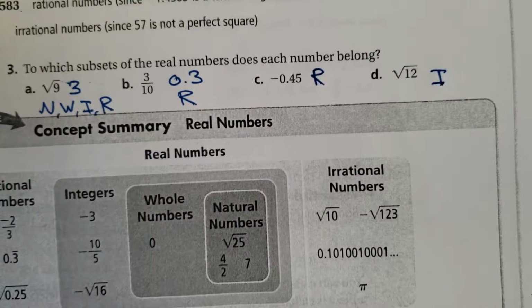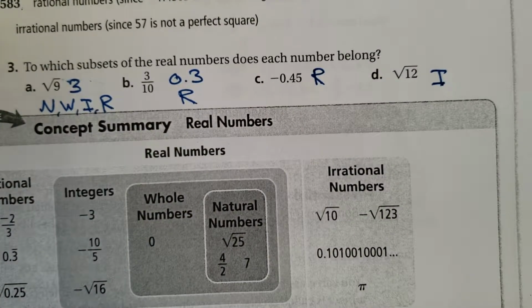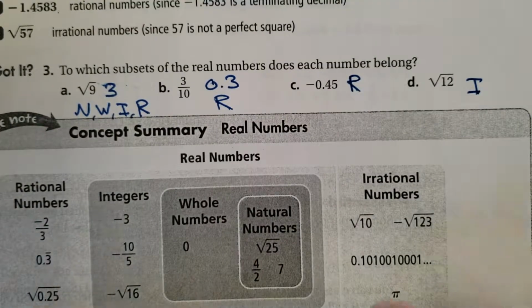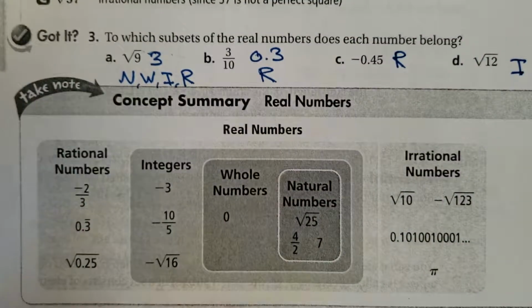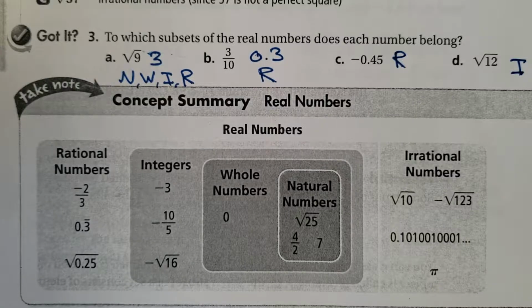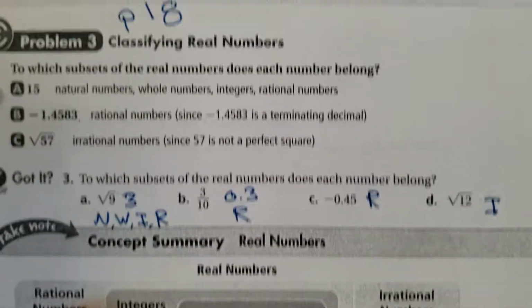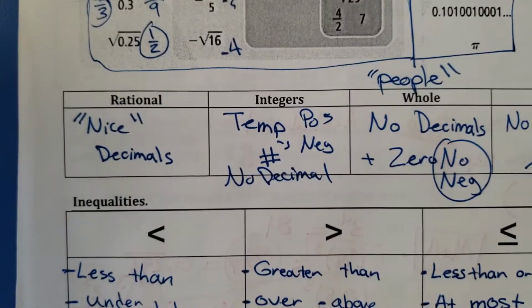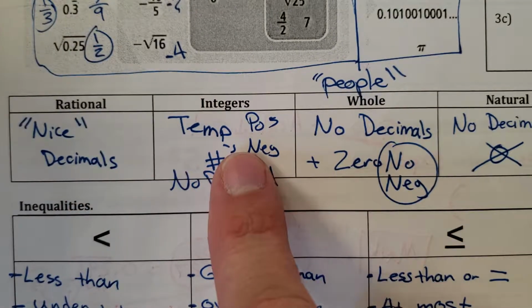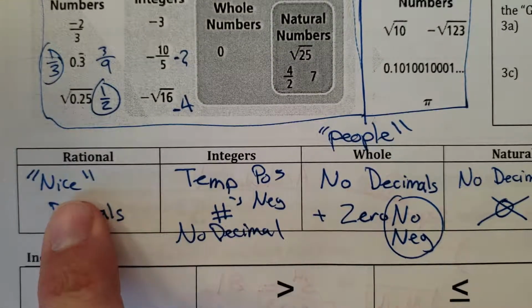Flavors of numbers. I'm not going to spend a ton of time on that stuff because honestly, nobody really uses this. It's just a thing that we don't use a lot in real life, and I'm all about real life applications. So understand the different flavors and use that kind of cheat sheet reference. Rationals can be nice decimals, which means they could turn into nice fractions.